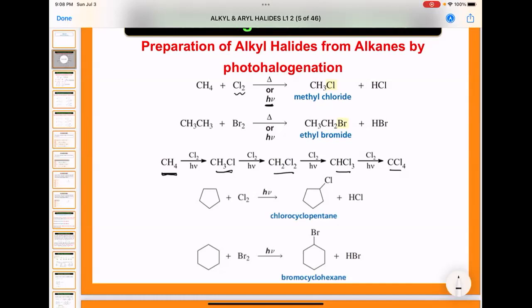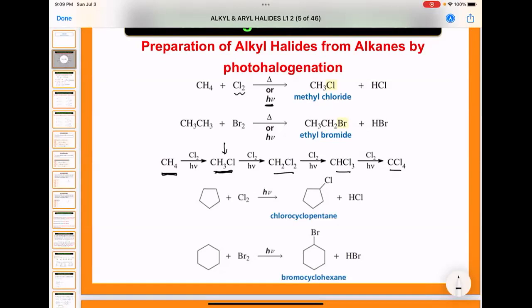How can you maximize the yield of CH3Cl?